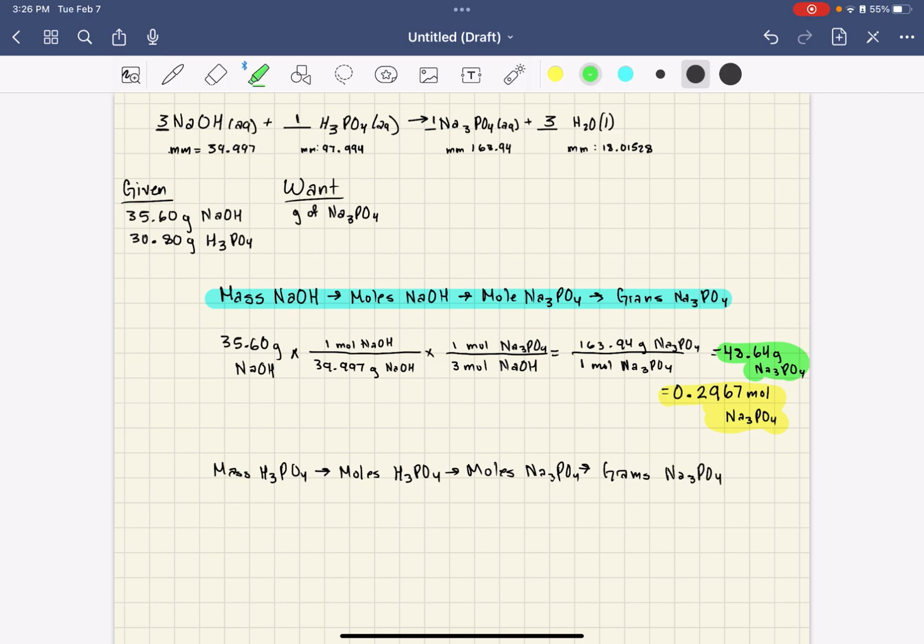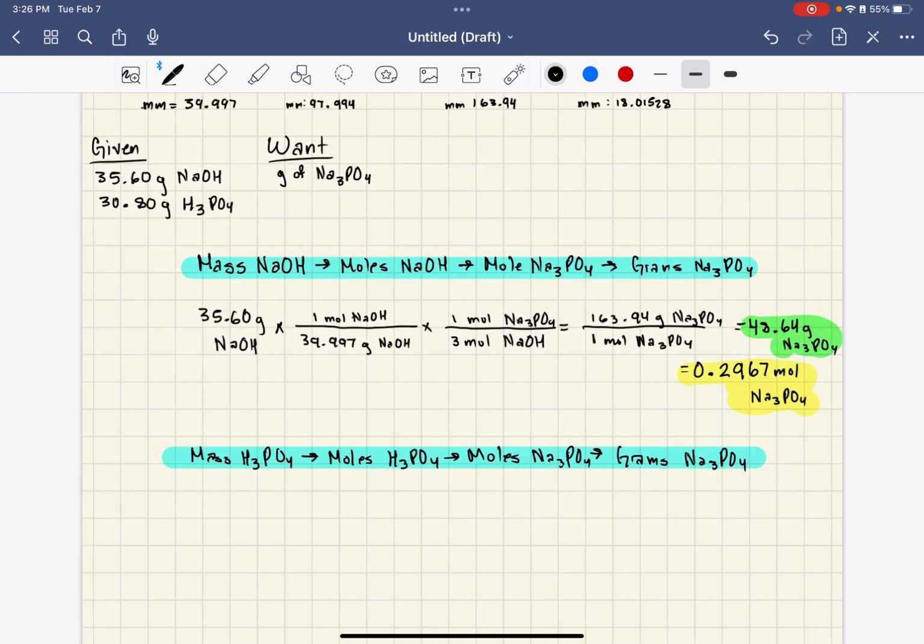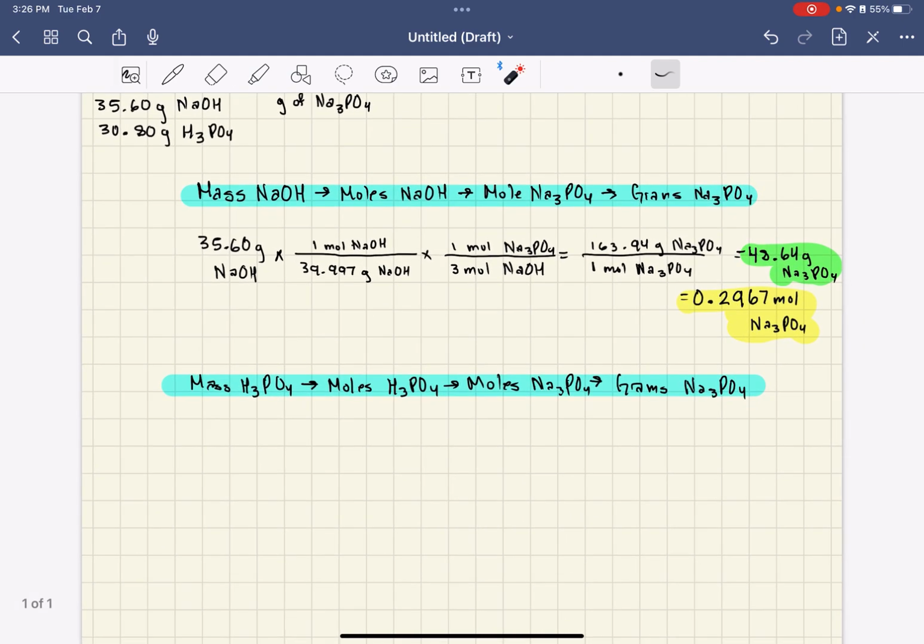All right, let's highlight it so that we know what we're doing. And let's begin. So we see that we're given 30.80 grams of H3PO4. All right, so we're gonna start with that. So it's gonna be 30.80 grams of H3PO4.